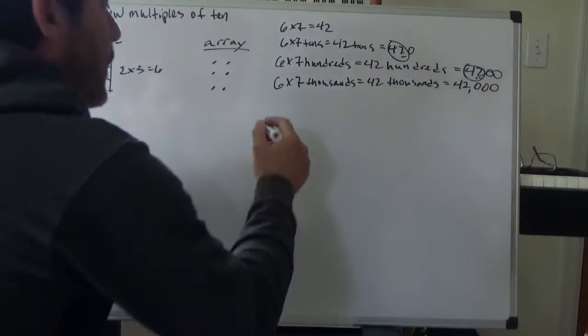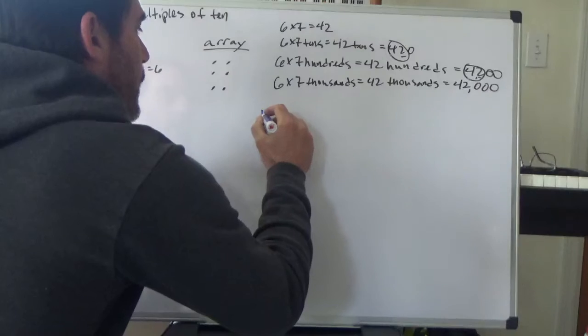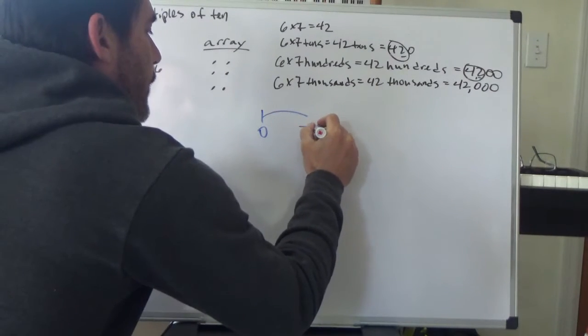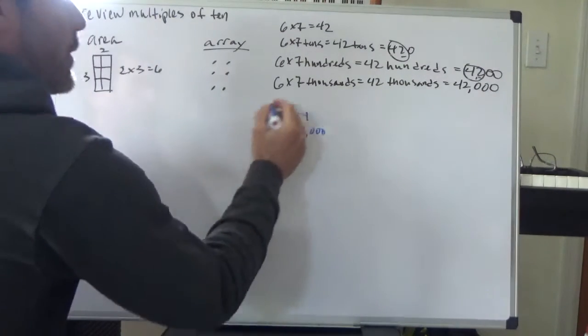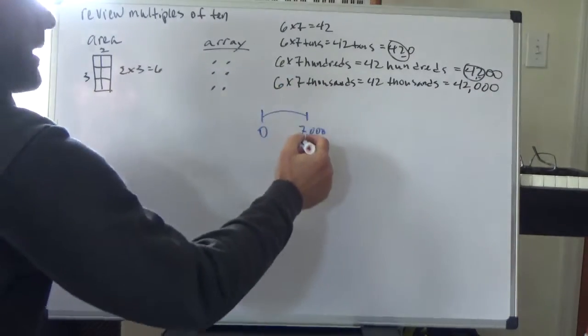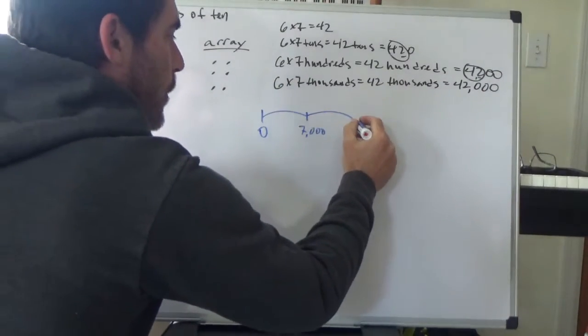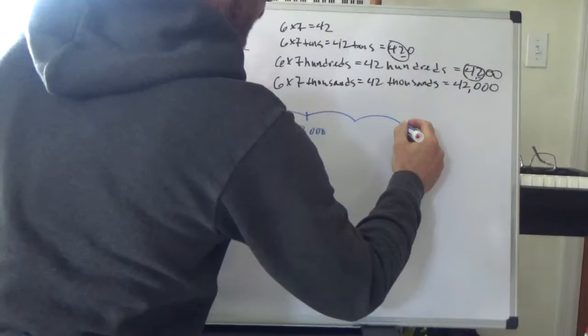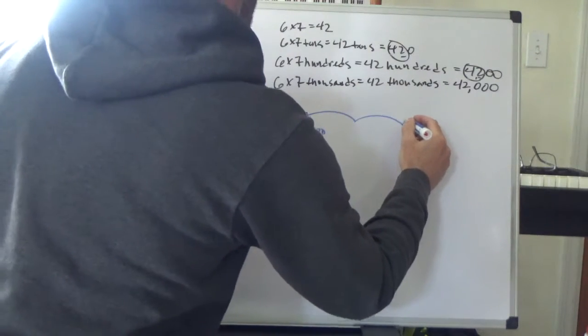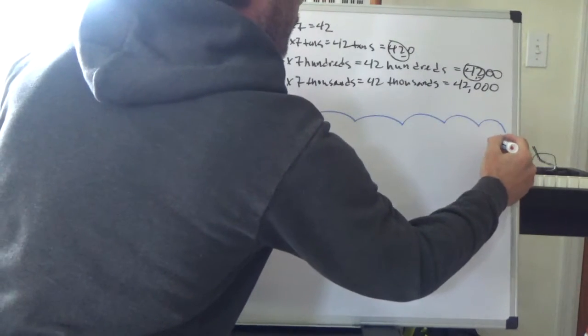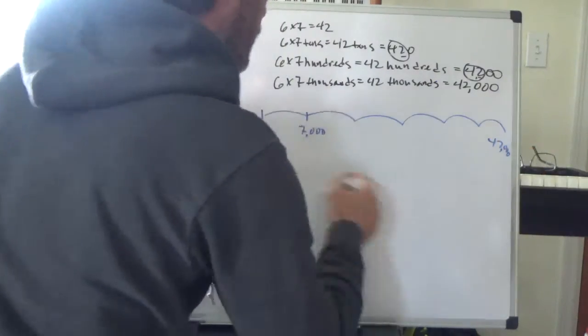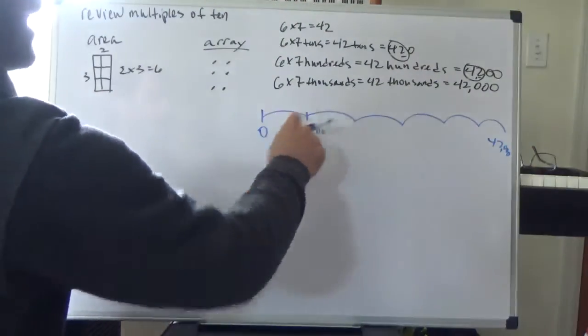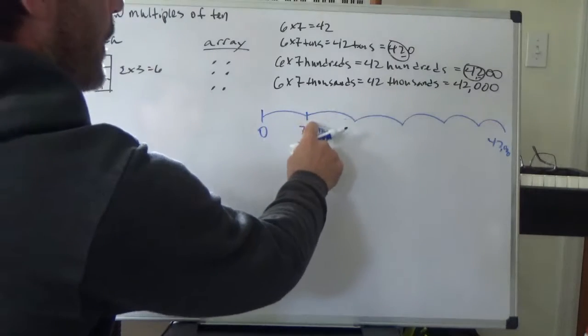Or, to think of this another way, if we start at 0 and we have our first part at 7,000 and we've jumped, if we skip count 6 times by 7,000, essentially 14, 21, these are going to have to get smaller, 28, 35, and 42. So we would end up at 42,000 over here if we skip counted 6 times by 7,000 each.